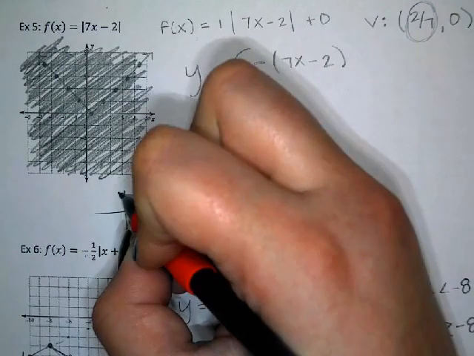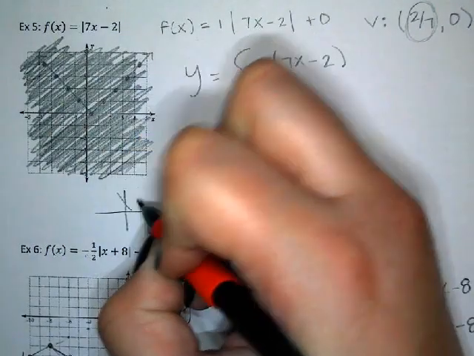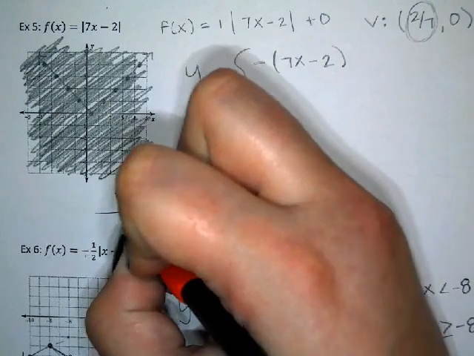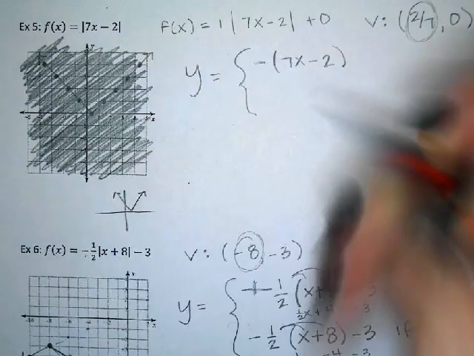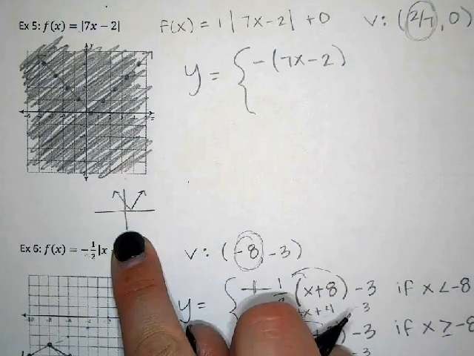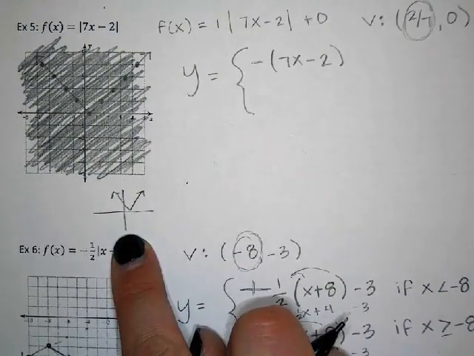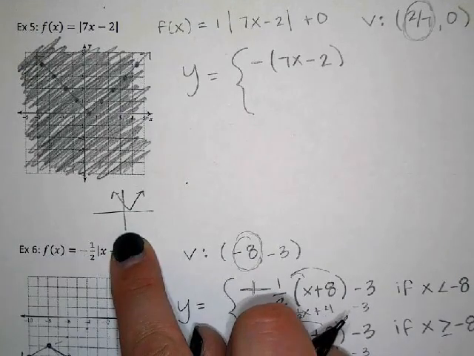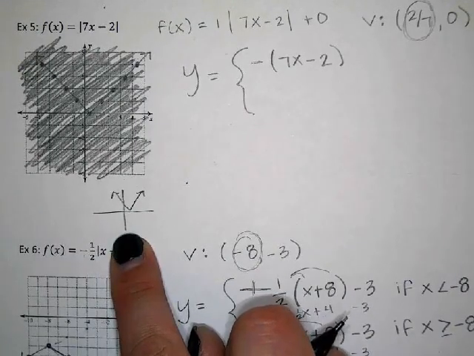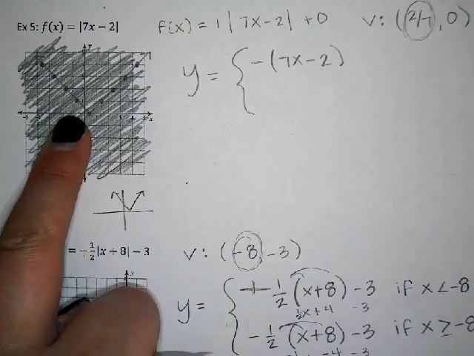So instead, I'm going to use this little bit right here. So I'm still going to be able to use my picture to help me think through common sense, but I'm not going to get bogged down with the points. Does that make sense? Okay.